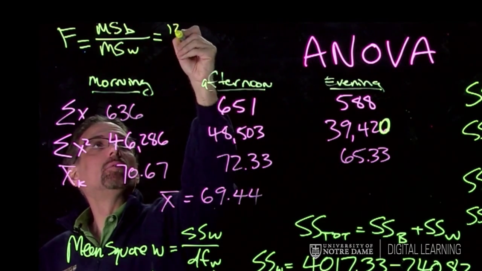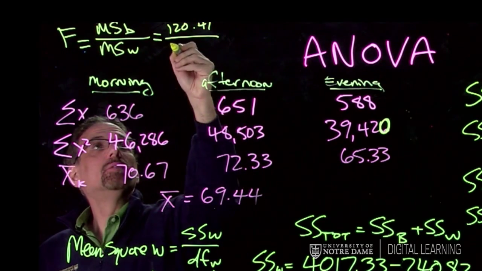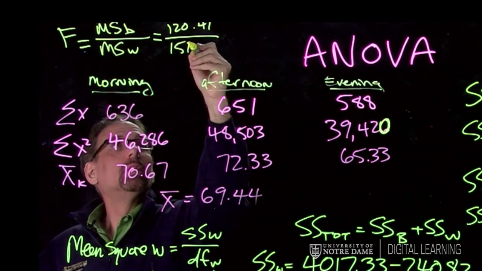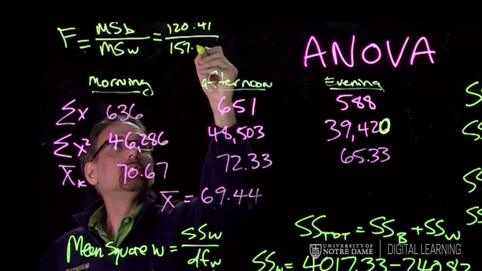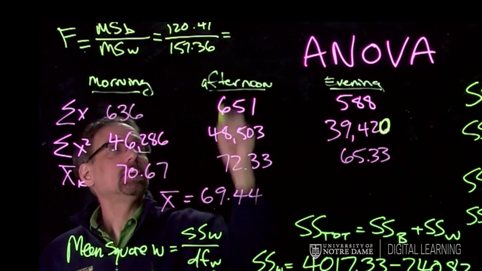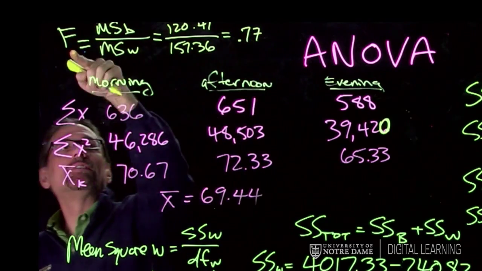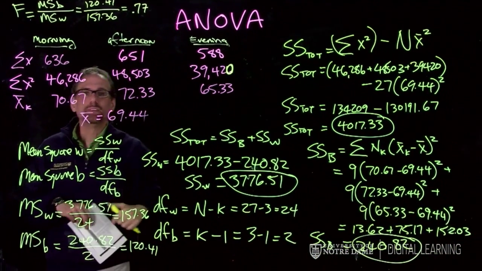Between is 120.41, and the bottom is 157.36, and that equals about 0.77. That's our F statistic, 0.77.